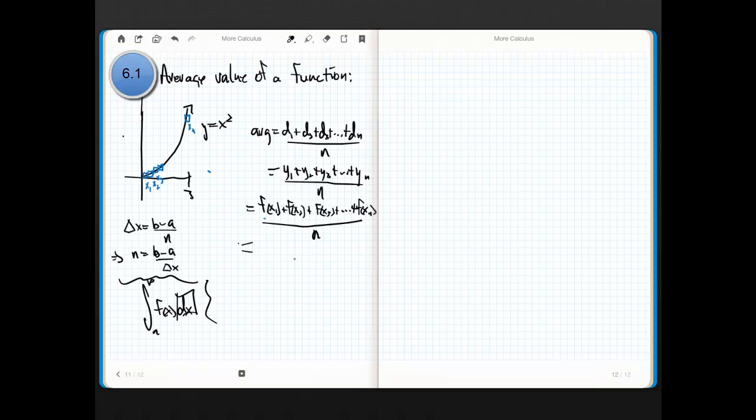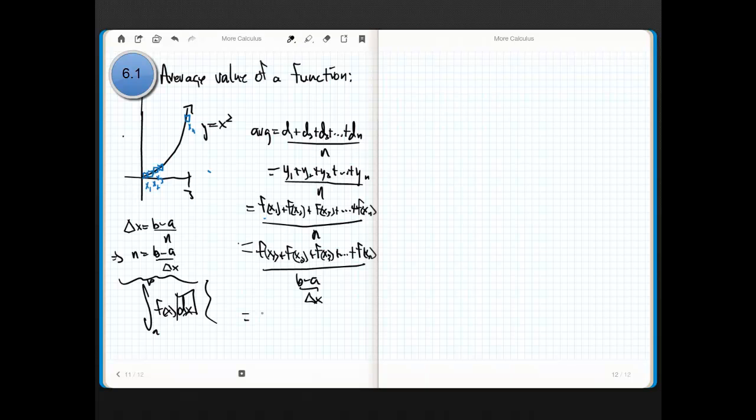You agree? So in other words, I can rewrite this as f of x sub 1 plus f of x sub 2 plus f of x sub 3 plus dot, dot, dot, plus f of x sub n divided by b minus a divided by delta x. So think of b minus a divided by delta x as being its own fraction.